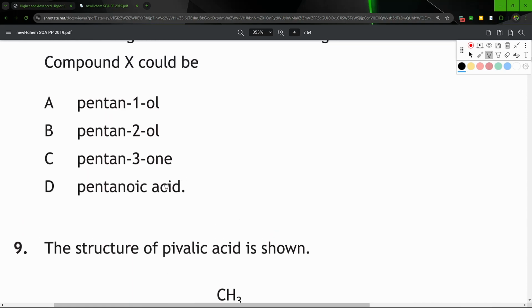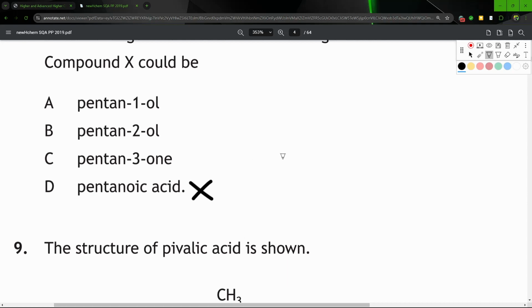So pentanoic acid, that's already at the end of the oxidation chain, I suppose, because you go from a regular hydrocarbon, then you go to alcohol, and then you go to a ketone or aldehyde, and then you go to a carboxylic acid. A carboxylic acid you can't oxidize anymore. So pentanoic acid is out.